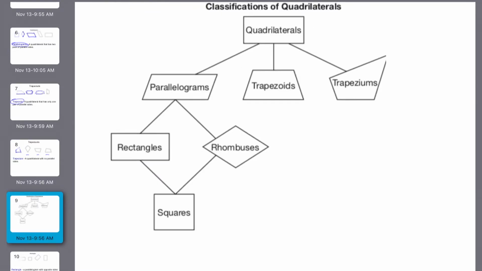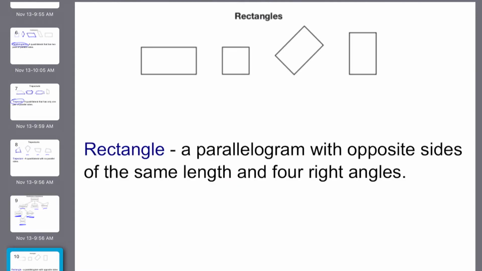Going a little farther, we had trapeziums, trapezoids, and parallelograms. Parallelograms can be three different shapes. It can either be a rectangle, a rhombus, or a square. Rectangles are parallelograms with opposite sides of the same length and four right angles. A right angle is when it makes a perfect 90-degree angle in the corner.